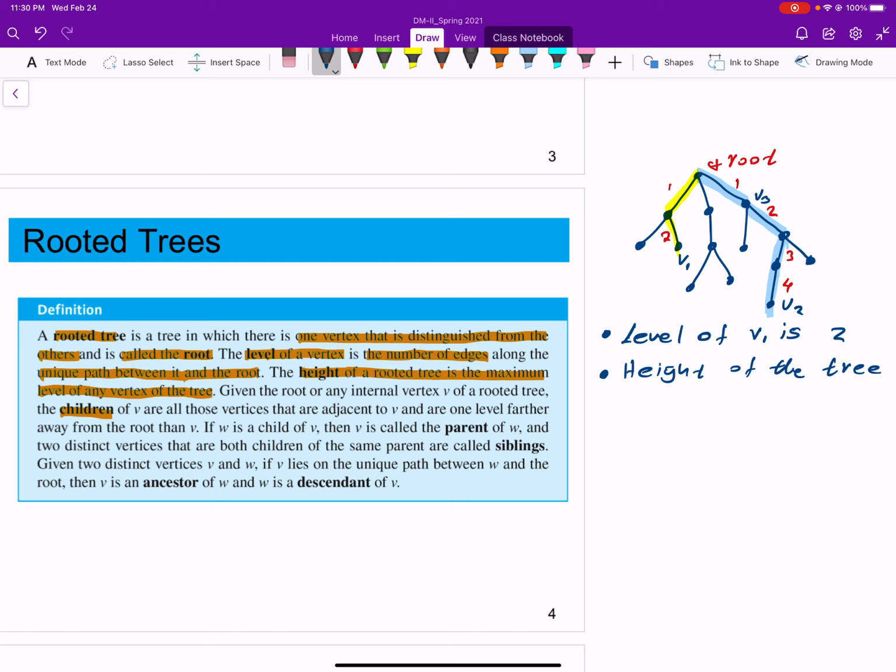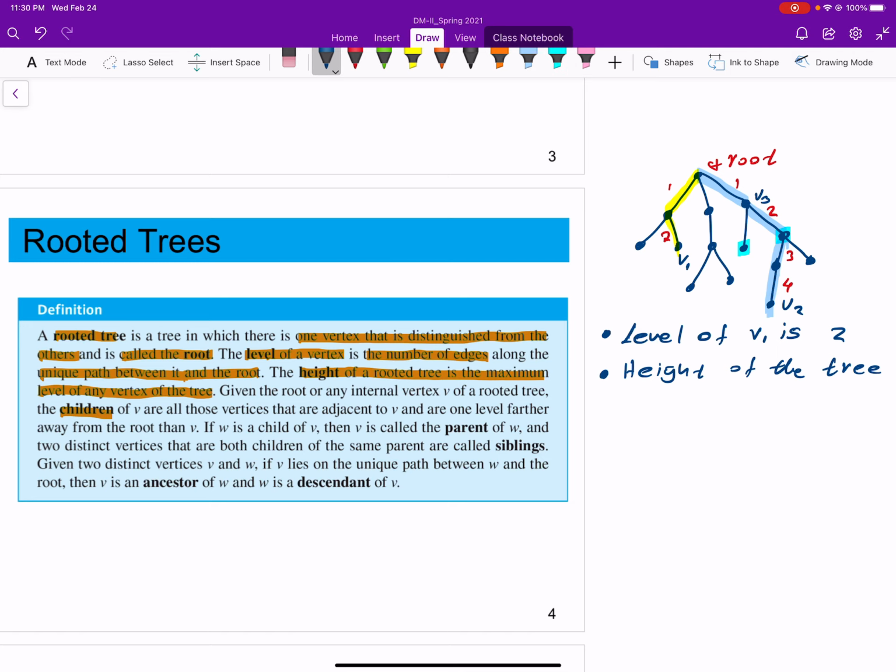That means we have to go down, away from the root, so we are going down from V3. These are the children of V3.